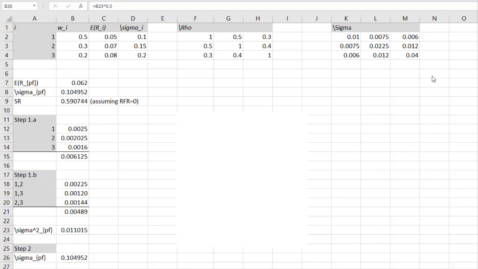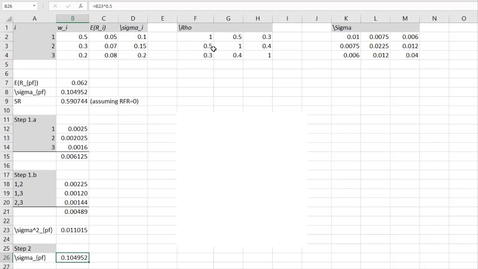Let me repeat the results for our example. We have a portfolio consisting of 3 assets. Here are the portfolio weights. Here you find the expected returns of the assets and here their volatilities.